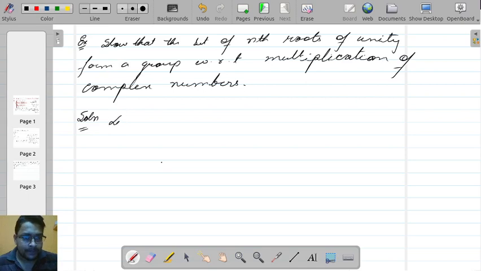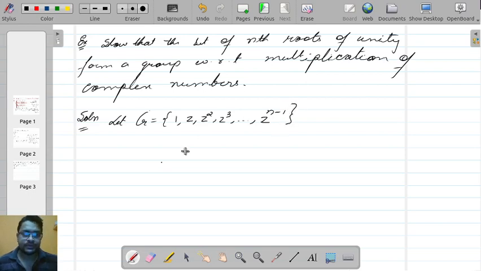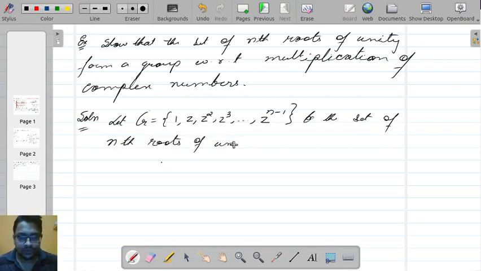So let us use one symbol, like say z: 1, z, z square, z cube, up to z to the power n minus 1. Why I have written this, I'll show you. This is the set of nth roots of unity.